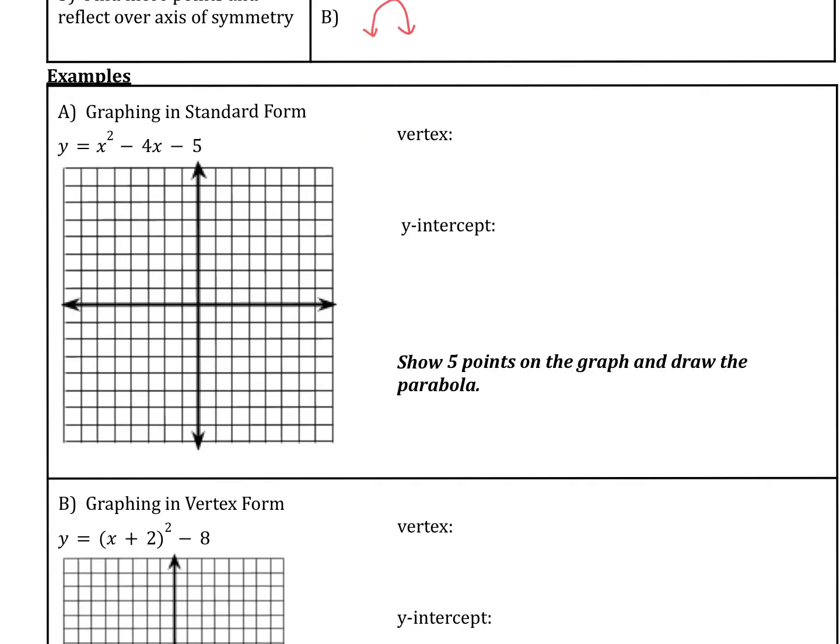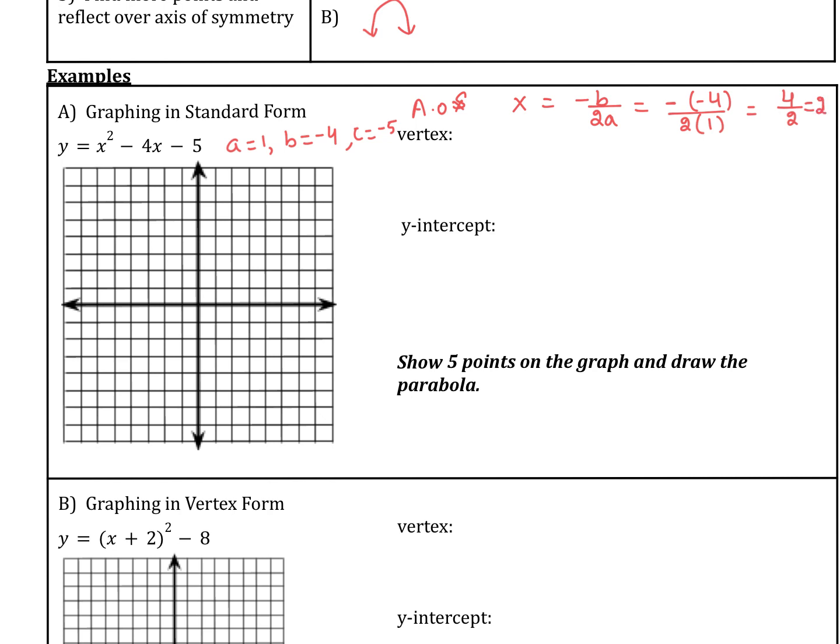For example A, to find the vertex, you're going to first find the axis of symmetry, that is AOS, and the formula is negative b over 2a. So a is 1, b is negative 4, and c is negative 5. So this is going to be negative of negative 4 divided by 2 times 1. 4 divided by 2 is 2.